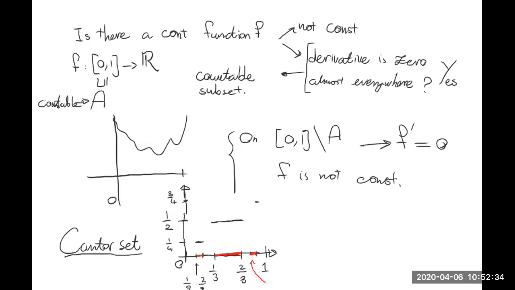Now, there are some intervals left. Again, look at the smallest interval and break that into 3 parts. Above the middle section, put a constant function.